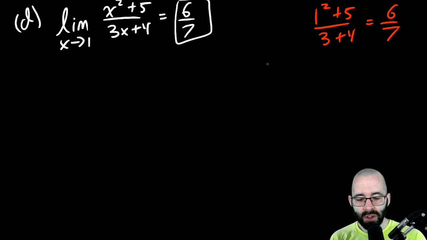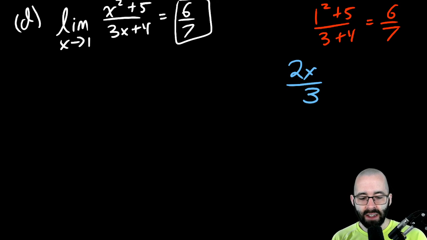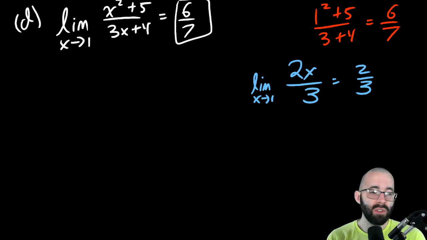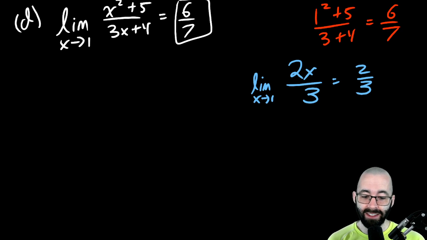The derivative of the top is 2x, the derivative of the bottom is 3. As x goes to 1, we get 2/3. Well, that's wrong. The limit's 6/7. This is a continuous function, a rational function on its domain. So don't get too excited. Do not use L'Hopital's rule unless you can.